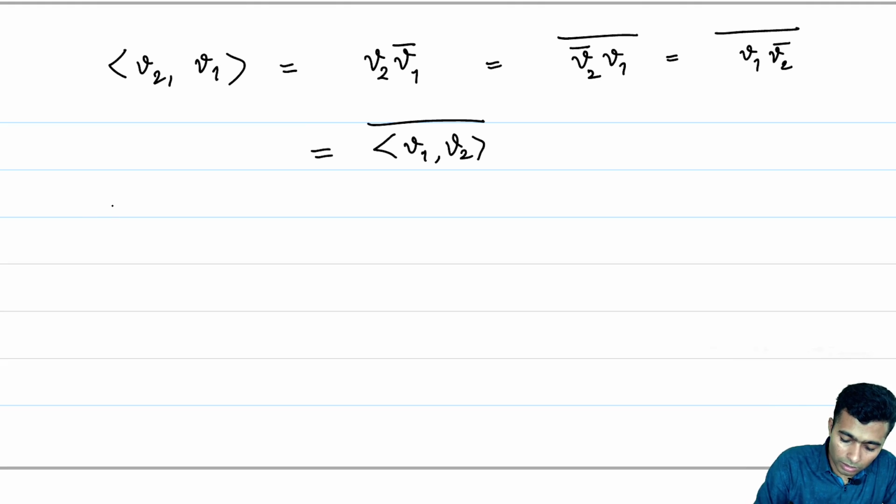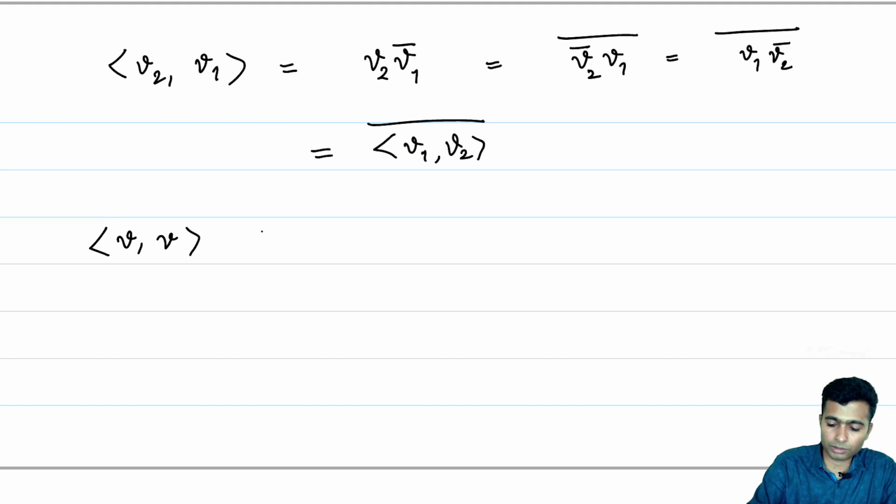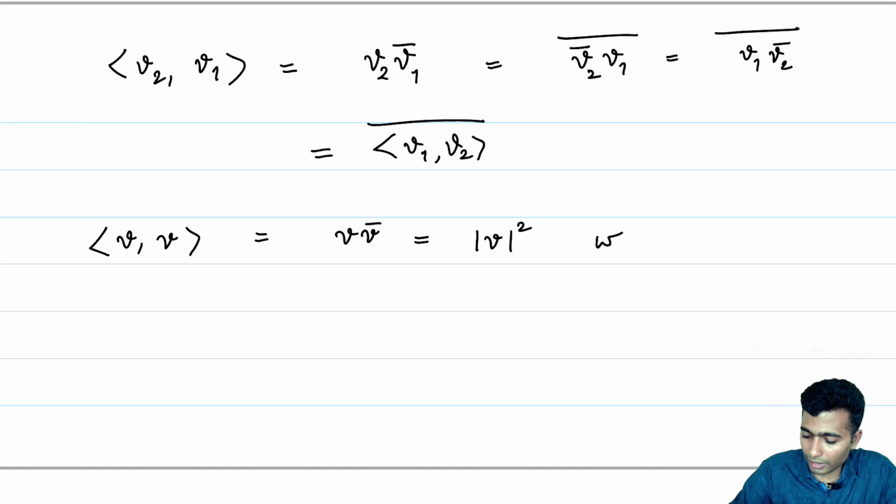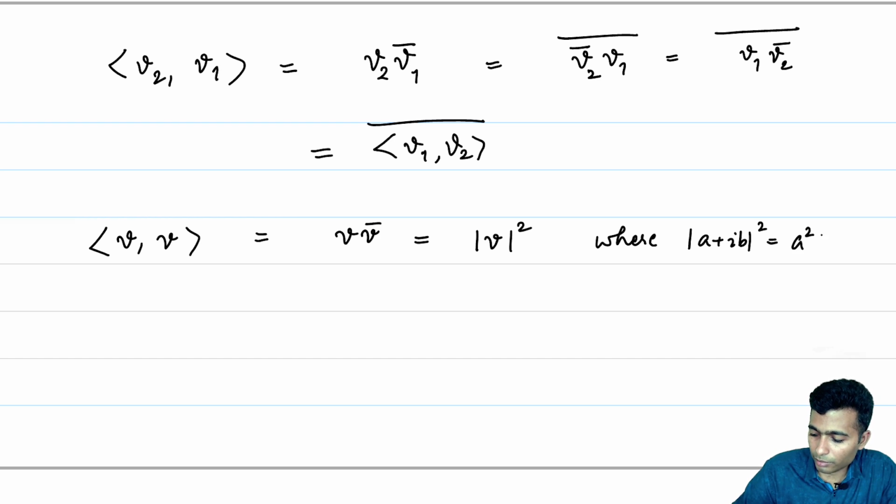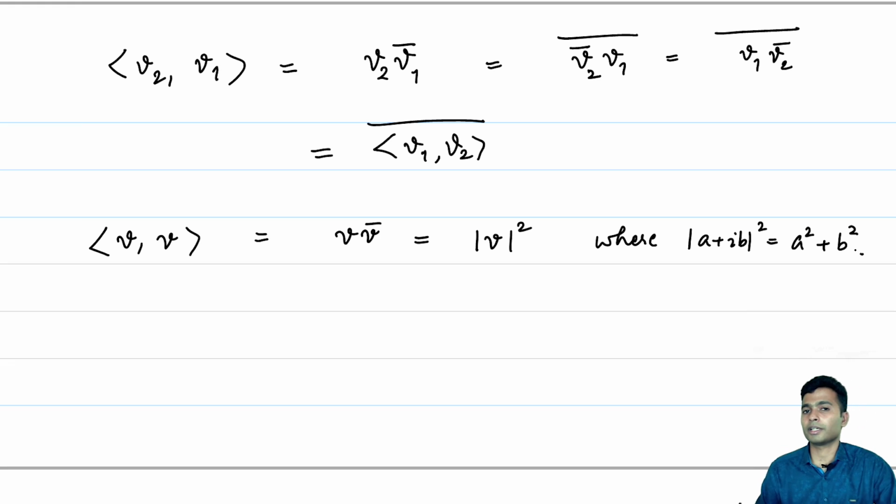And how about the inner product of v with itself? That is just going to be equal to v times v bar, which you should go back and check, is just going to be mod of v squared, the absolute value, where mod of a plus ib squared is equal to a squared plus b squared, which is a positive real number if one of a and b is not 0.